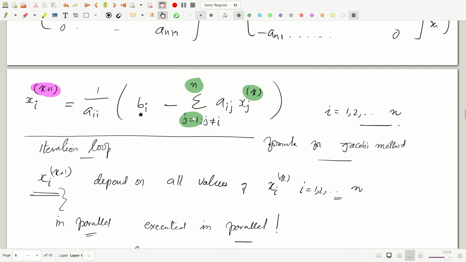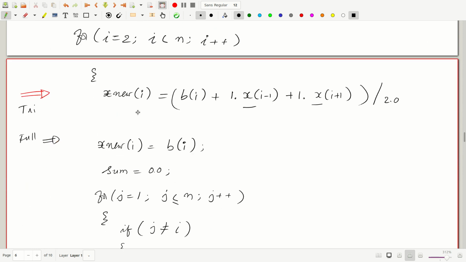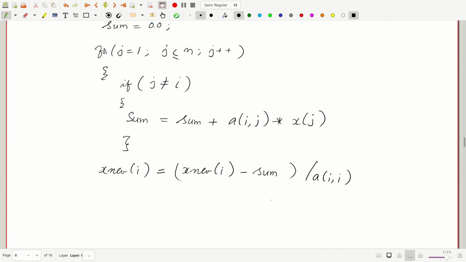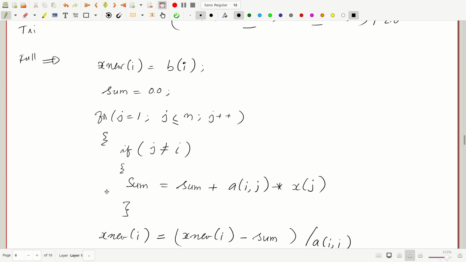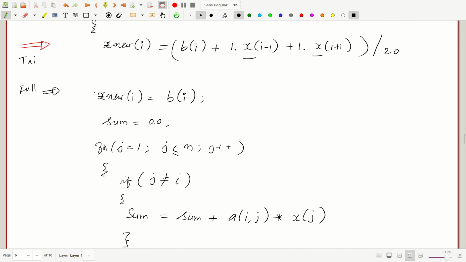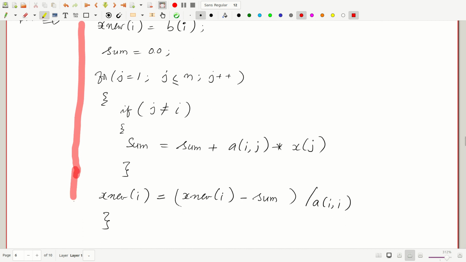B of i need not be initialized; you can even write it right here as well. Anything is fine. So that's the end of the for loop. These two statements are mutually exclusive: either you use this or you use this one, depending on the matrix. Okay, so we understand that.